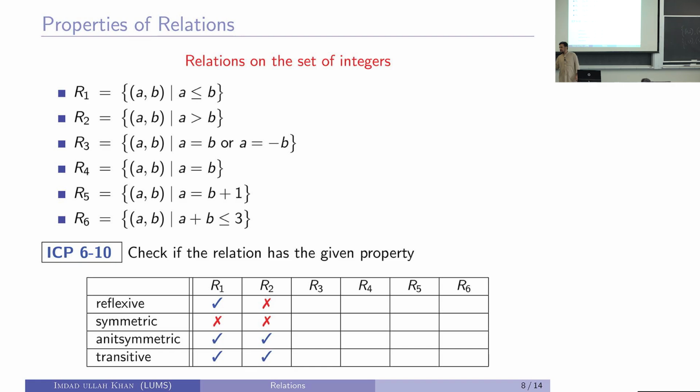Is R1 reflexive? Why? R1 is A less than or equal to B. Is this reflexive just because for all pairs A is less than or equal to A? For all pairs AA, there exists.